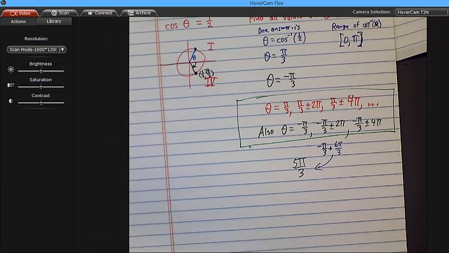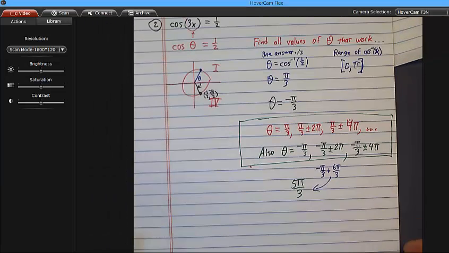I need to rewrite the directions for problem 2.